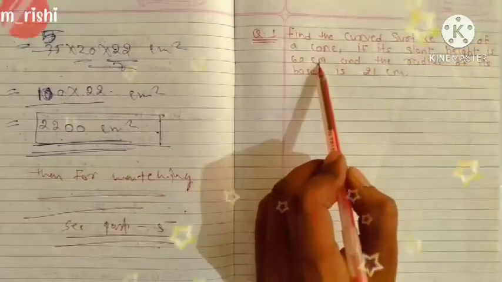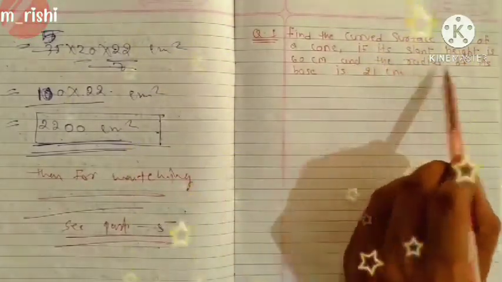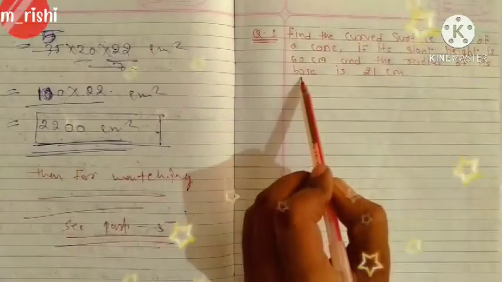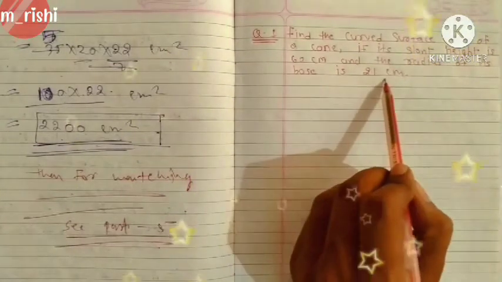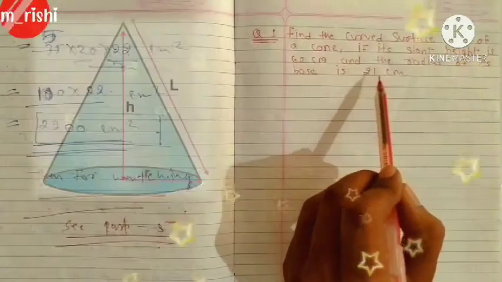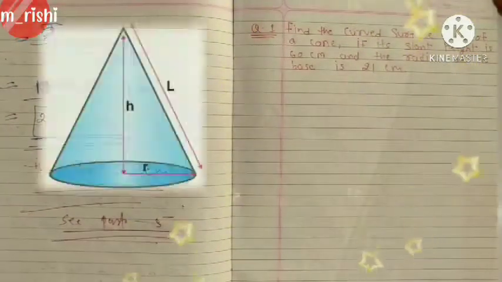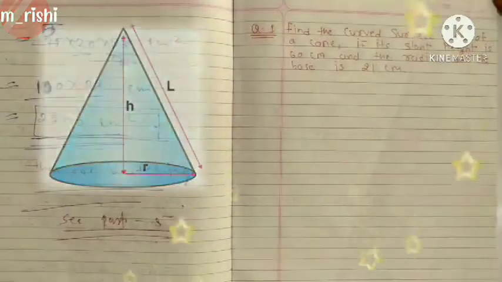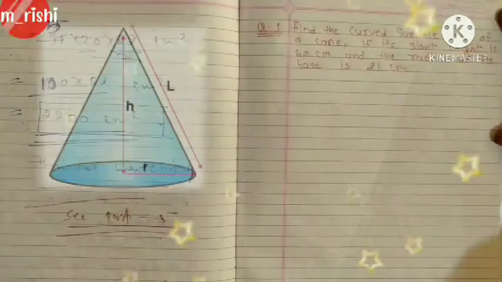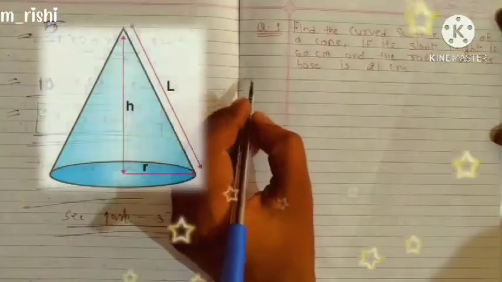Its slant height is 60 centimeter and the radius of its base is 21 centimeter. So how can we calculate? Solution.